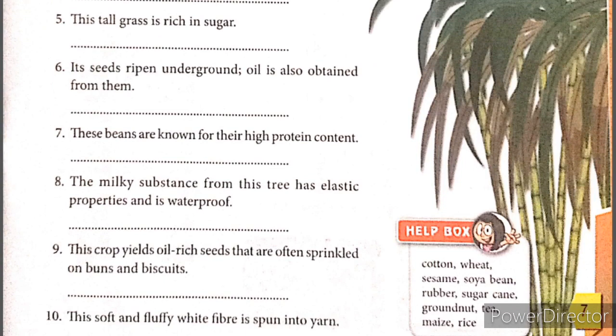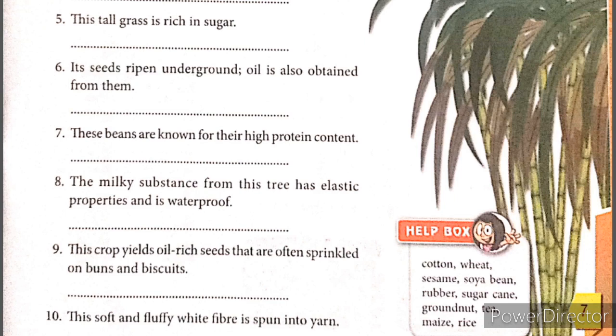So 7 number is your soya bean. The milky substance from this tree has elastic properties and is waterproof. Elastic properties means rubber type. So what we can use, the answer is rubber, latex, you know.